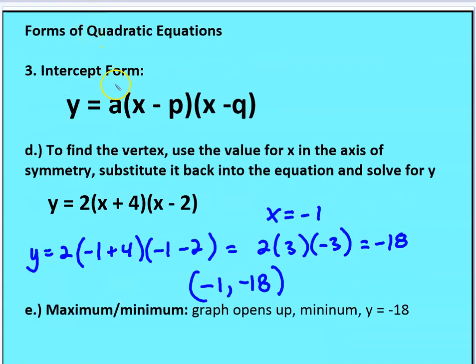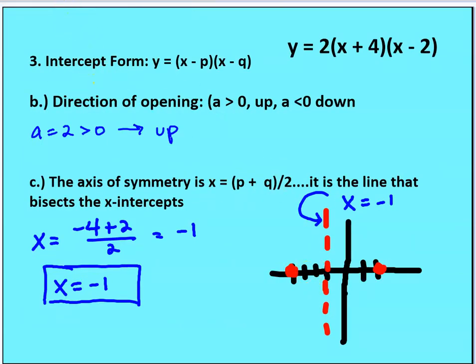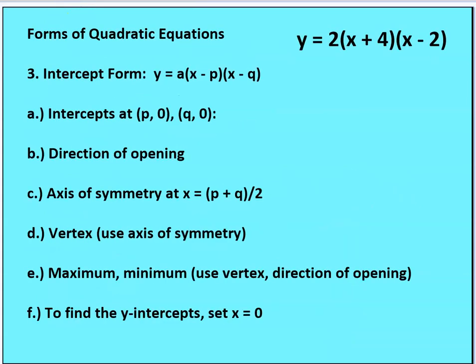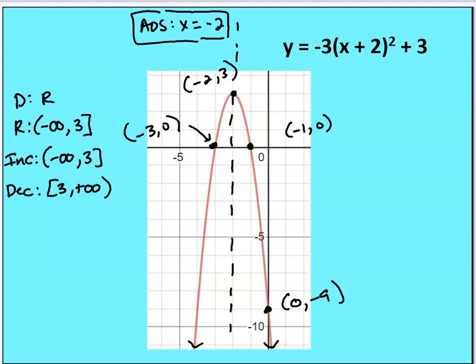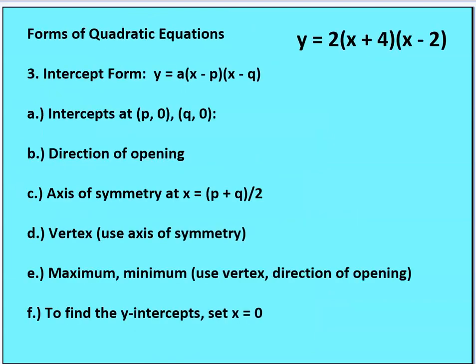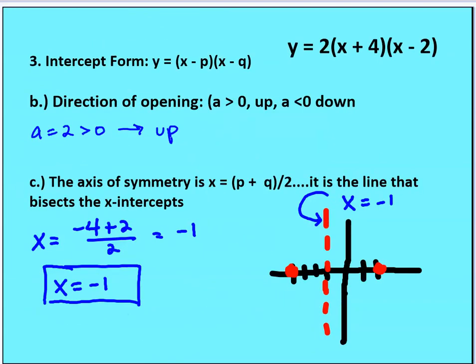All right, to find the vertex, we're going to use the x value in the axis of symmetry. Remember, the axis of symmetry goes right through the parabola. So if I have the axis of symmetry, I can find the x part of the vertex, and then I can use that to solve for y.